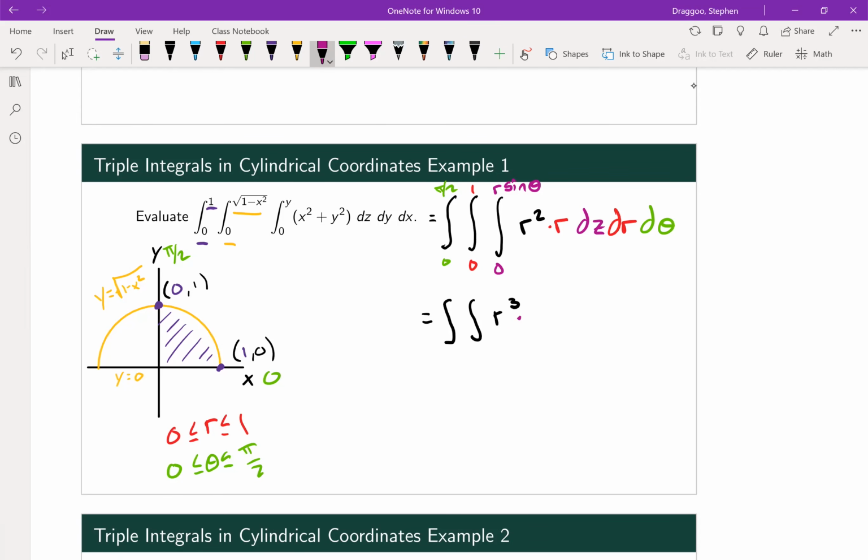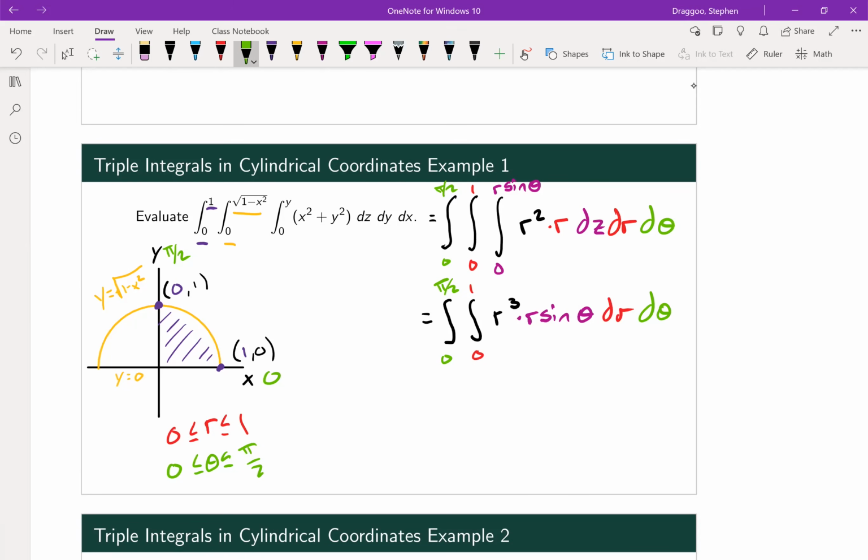If we plug in r sine theta, we get r cubed times r sine theta. So that'll take care of the dz element. We still have r going from 0 to 1, and theta going from 0 to pi over 2. This is dr and then d theta.